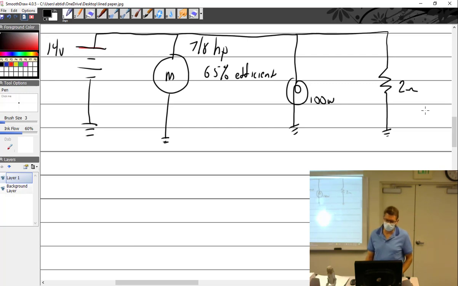So can you solve for that, or would you like me to walk you through this? Give us a second. I'll give you a second. All right, now start. Seven over 8 horsepower or 7/8? 7/8 horsepower that is 65% efficient.